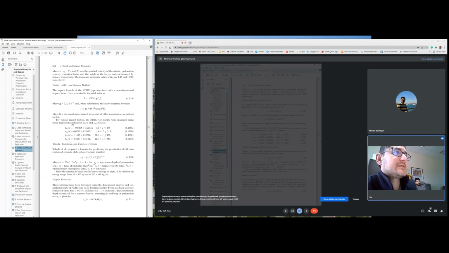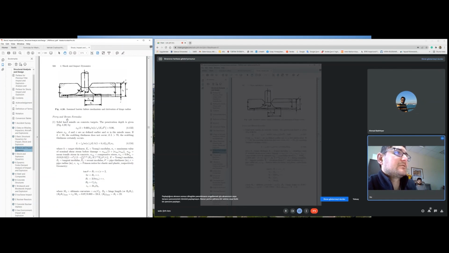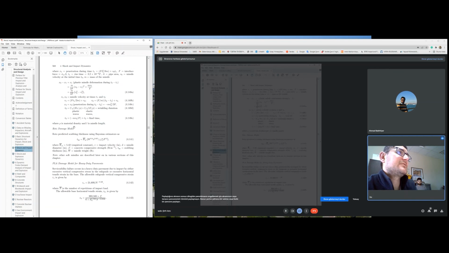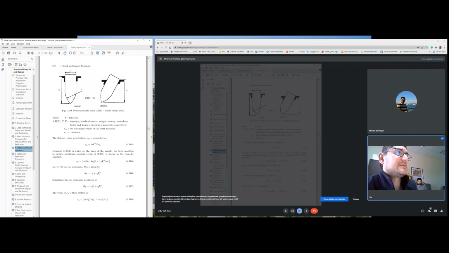Different methods you can see in here for different applications. But you should read and understand what each is for. This one is talking about missiles. Of course, we are not dealing with missiles for this study. We can pass.